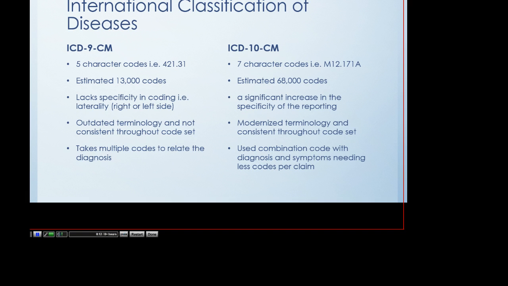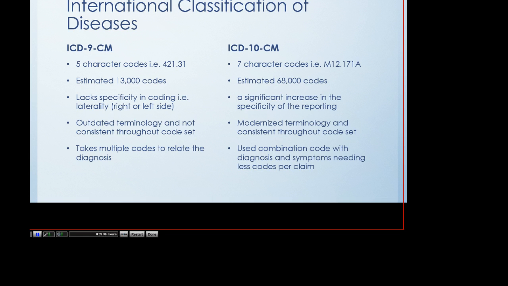The differences between ICD-9 and ICD-10 are basically that ICD-10 just gives us a little bit more information about the patient. Where we only can have a maximum of 5 character codes in ICD-9, ICD-10 lets us have 7 character codes. So that's going to raise our amount of coding.